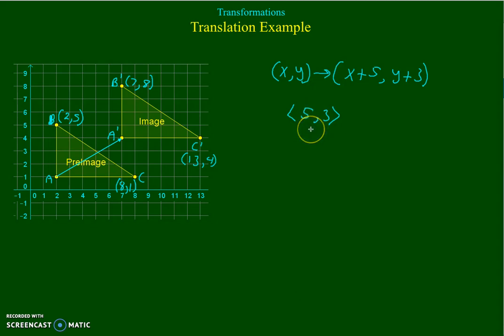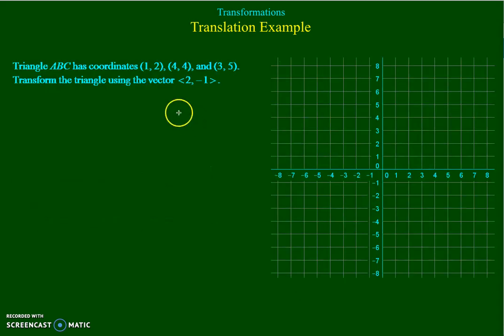Let's take a look at another example. In this example, we're given the coordinates of a triangle ABC, which are 1, 2, 4, 4, and 3, 5, and we want to use this vector to translate it. So let's first go ahead and plot our triangle. So we have 1, 2, so that point's there, and 4, 4, that point is there, and 3, 5, that point is there.